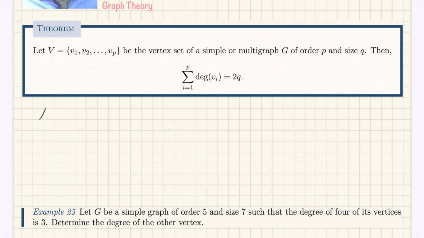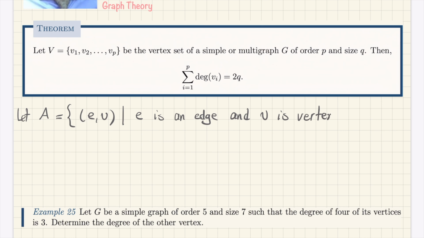For example, let A be the set of pairs (E, V) such that E is an edge, and V is a vertex incident with E.